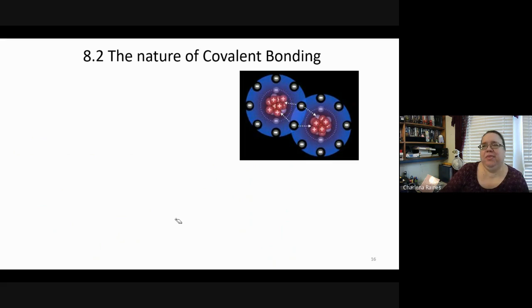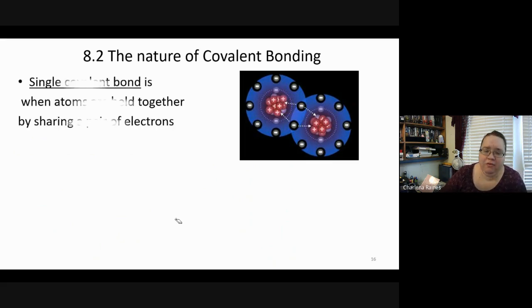Now let's start describing the lines. Covalent compounds can form several different types of bonds. The first type of bond is a single covalent bond, and that is when we share 1 pair of electrons.